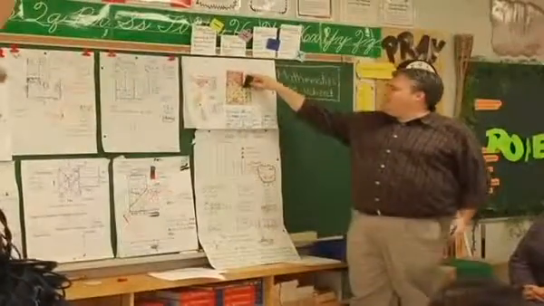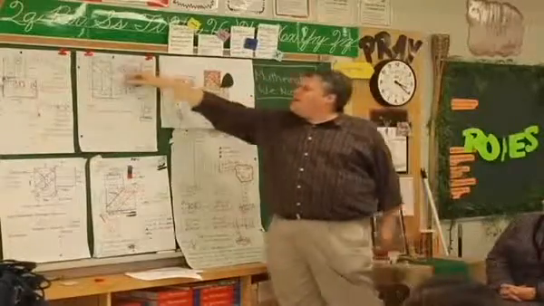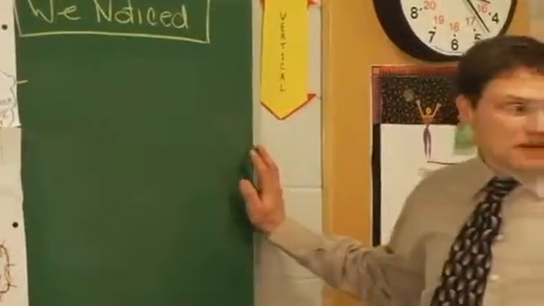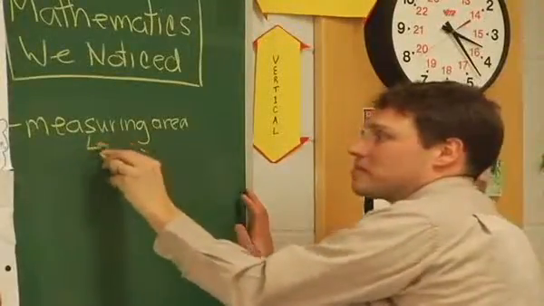This group seemed to count each of the squares and the half squares to get the area, and this group actually looks like they used the formula because they've drawn a line to show the height of the triangle, and they used the formula to get the area. So Michael, what you noticed is that some students are measuring the area, and they're doing that by counting.